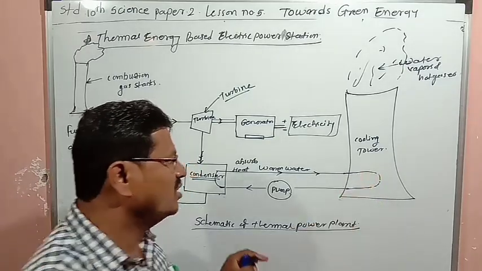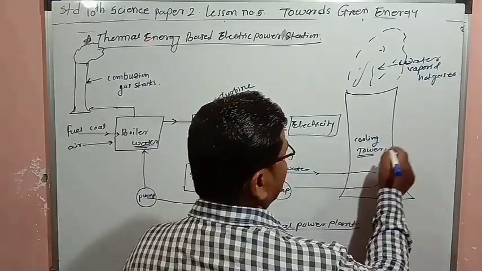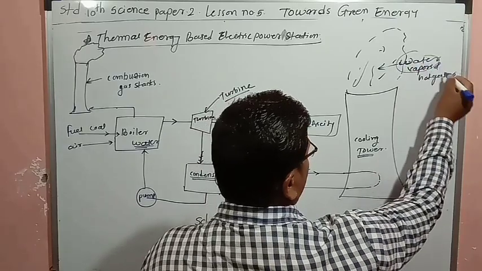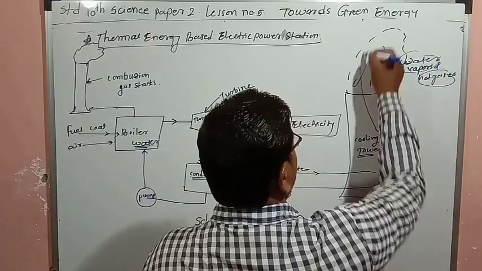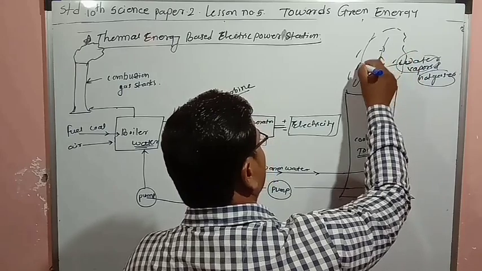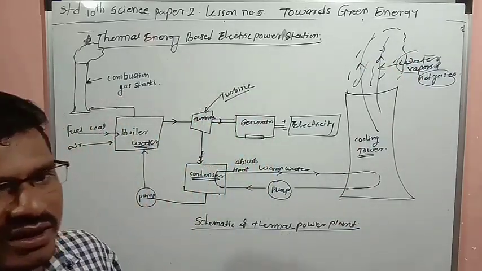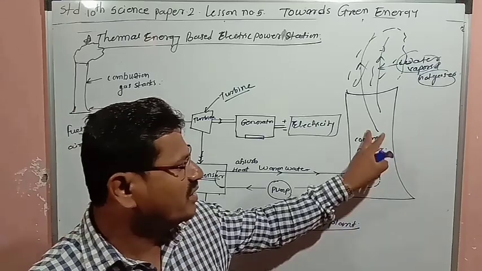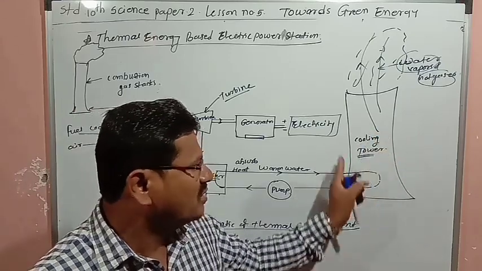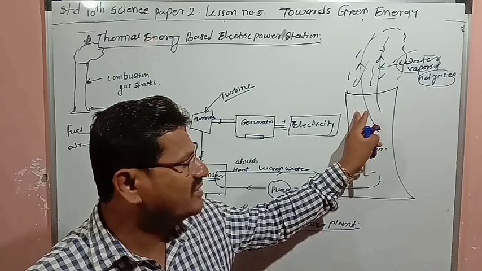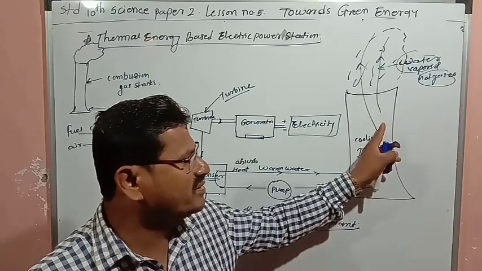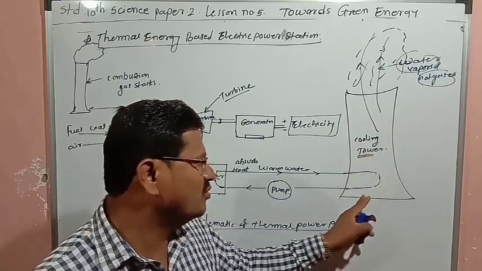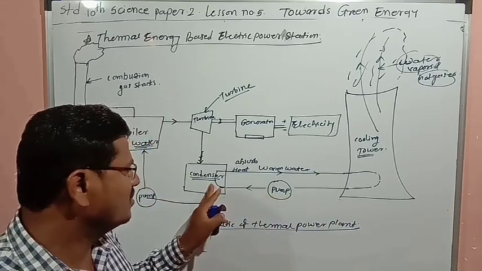With the help of the cooling tower, water vapors and hot gases are released into the atmosphere. After releasing heat, that water will become cool, and that cool water is coming to the condenser.